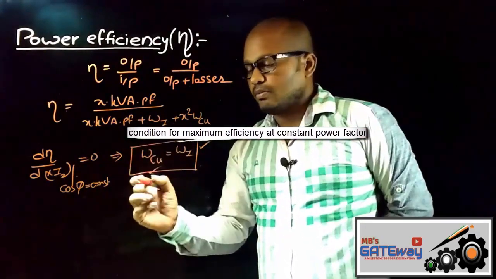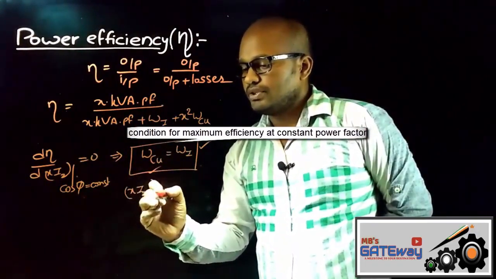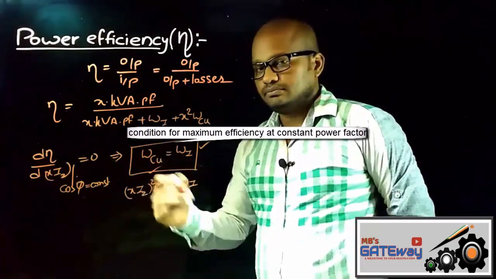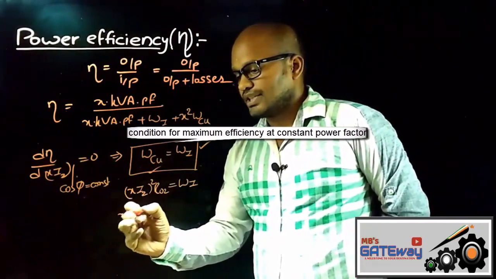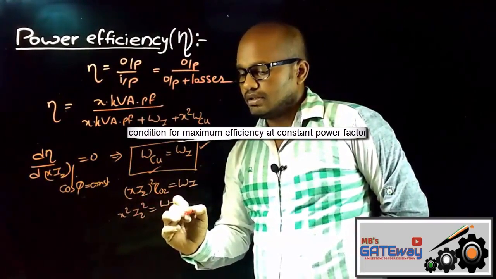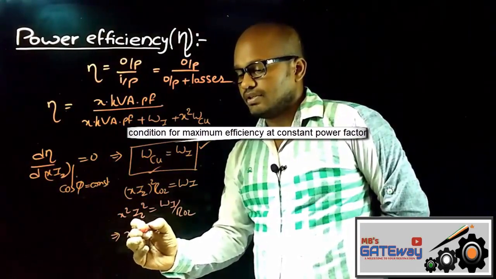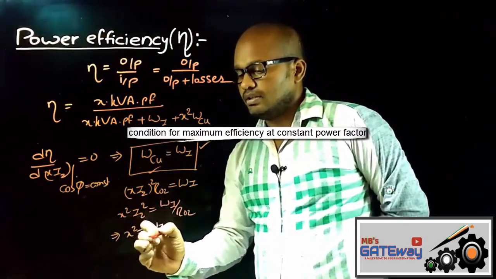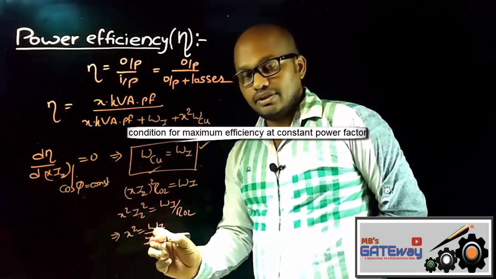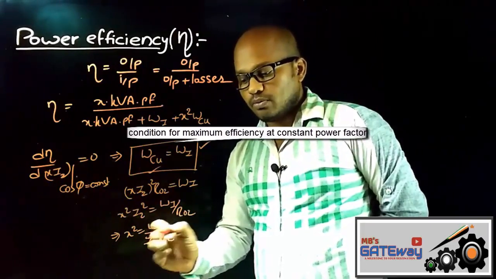And in this case copper loss is equal to X into I2 whole square into R02, which is equated to WI. That implies X square I2 square is equal to WI by R02, which implies X square is equal to WI by I2 square R02. And here with I2 there is no X, which represents the full load copper losses.